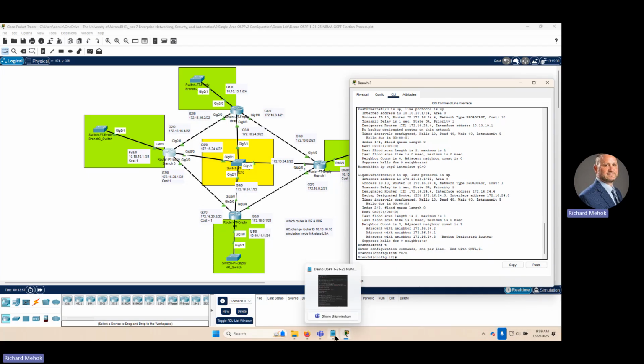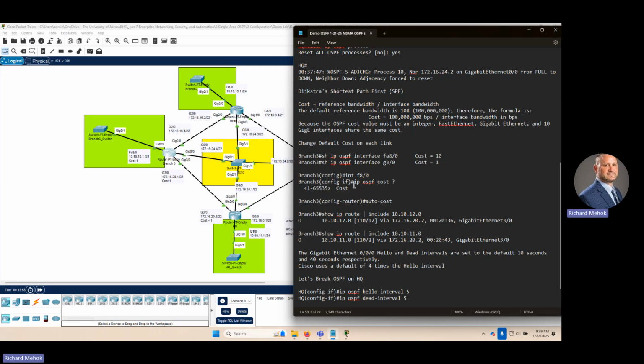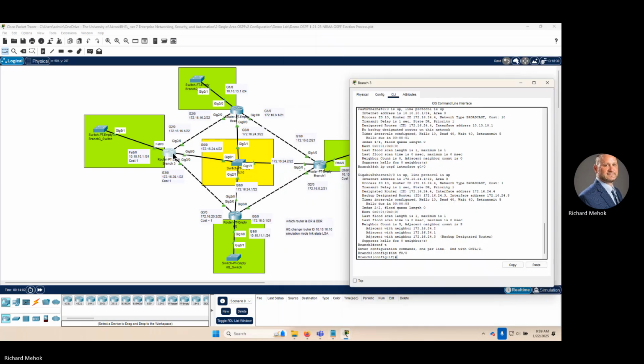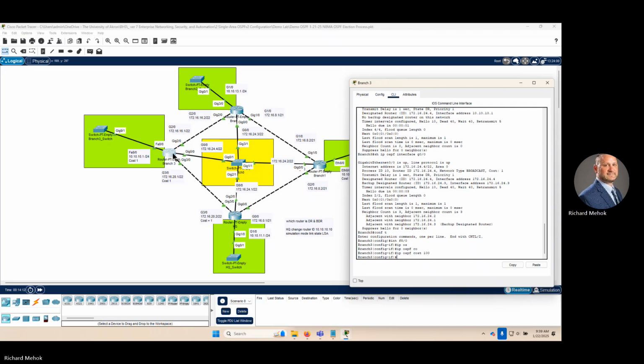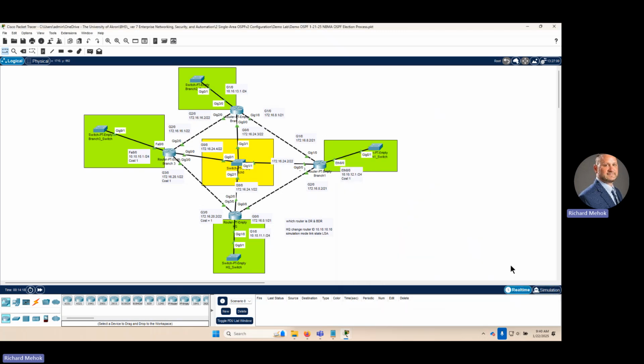And then we're going to do ip ospf cost. And then we can put it at what we want to. Let's put it at 100. Which makes it worse, but we still can change it. And then we would look at the LSAs again, and that would be sending updates on the cost.